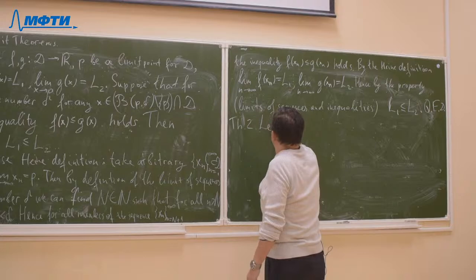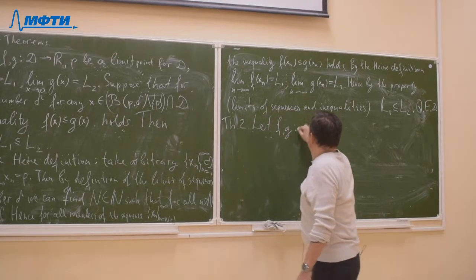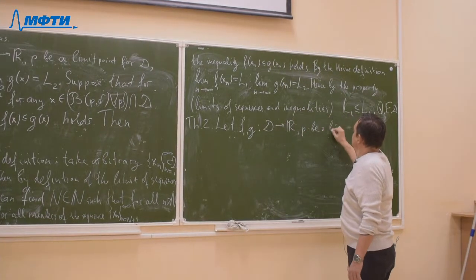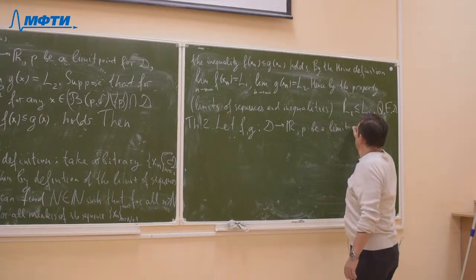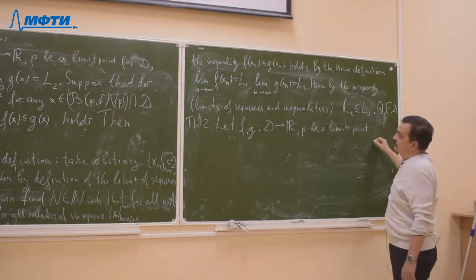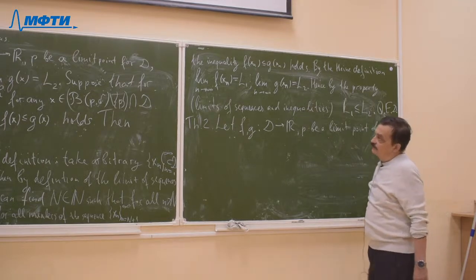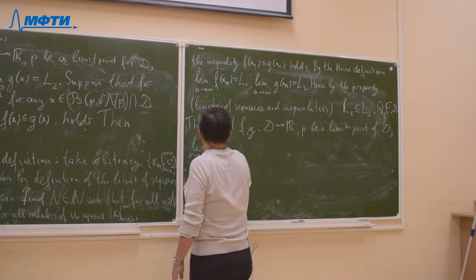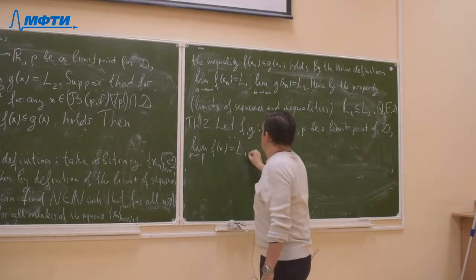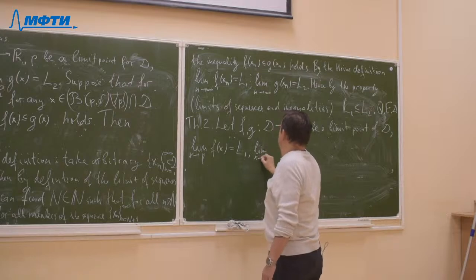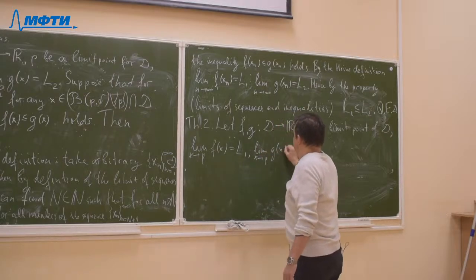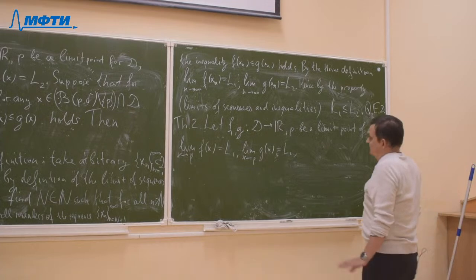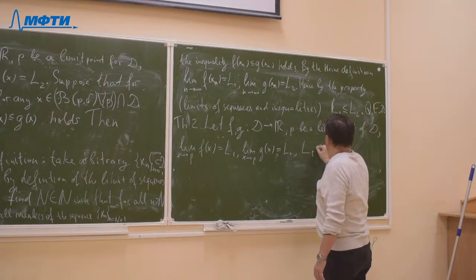So let f, g from D to R, P be a limit point of D, and we have the following limits: limit f of x equals L1, limit g of x equals L2, and now we suppose only the inequality L1 less than L2.